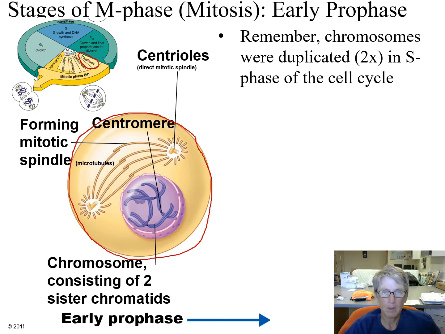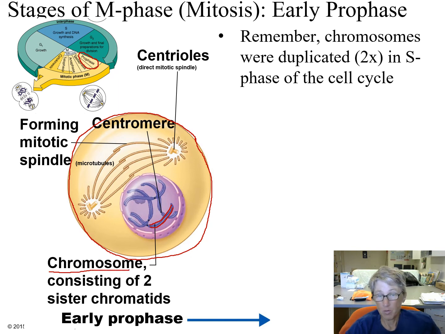So in early prophase, the chromosomes were already duplicated, aka replicated, in the S phase of the cell cycle. So check it out. There's a template strand of DNA, and then the newly synthesized strand of DNA. And now, instead of being in chromatin form, the DNA is in chromosome form, so it's tightly wound up.